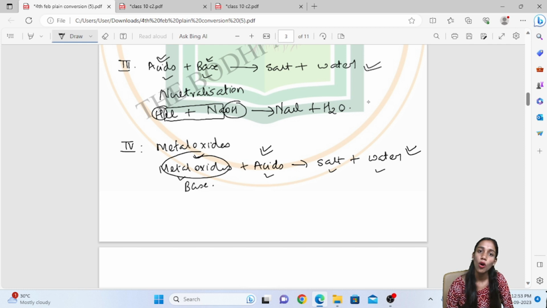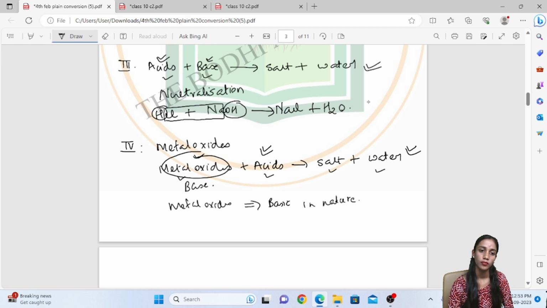So all metal oxides are basic in nature. That's the reason they can react with acids to produce salt and water. So all metal oxides are basic in nature.